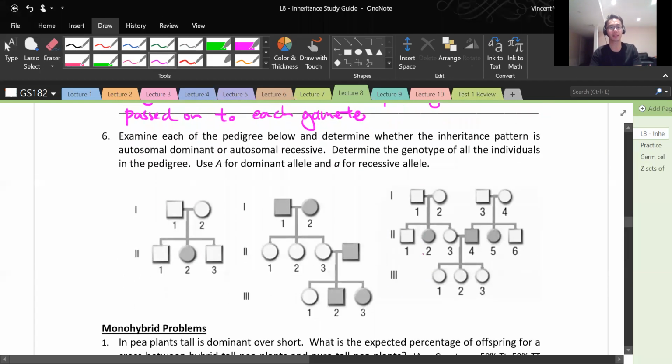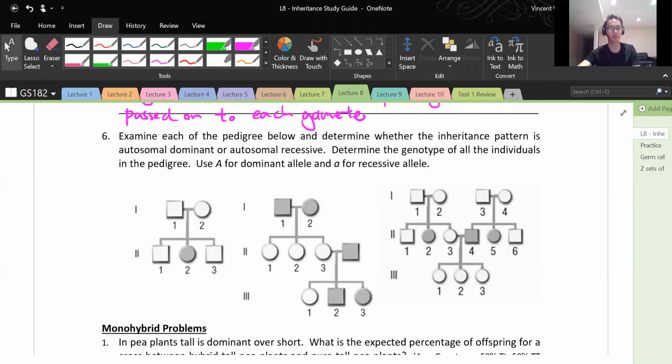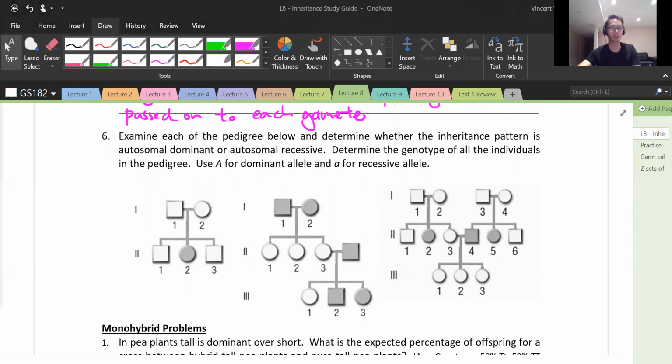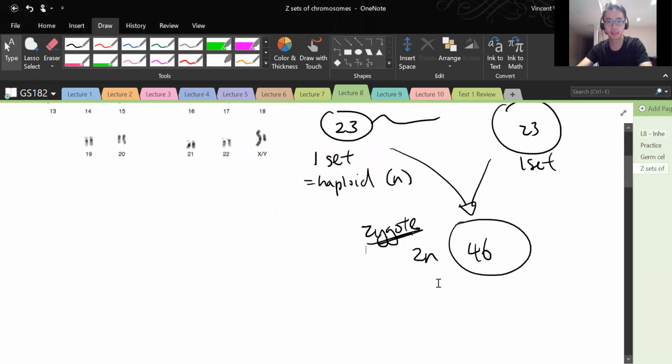All right, this one is troublesome. It's a lot of explaining to do. Let me copy it and put it on a new page. Before I do that, does everybody understand the difference between autosomal dominant and autosomal recessive? Do I need to explain that?